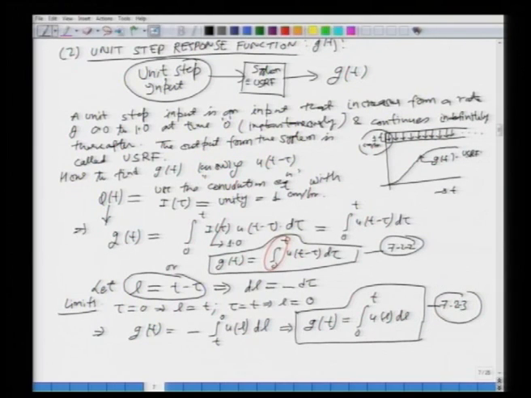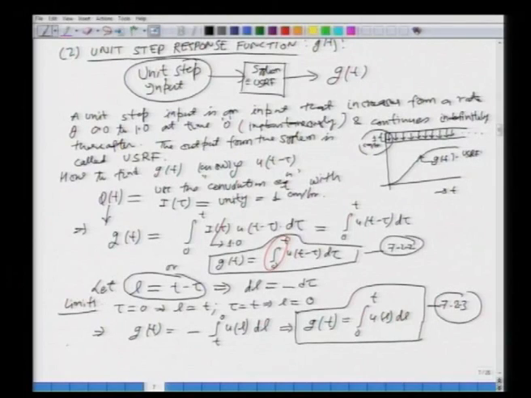Now, what does this equation represent? G(t) is equal to the integral from the limits 0 to t of u(L) dL. What is u? u is nothing but your unit impulse response function. So, G is nothing but the cumulative of your u curve, or unit impulse response function curve.